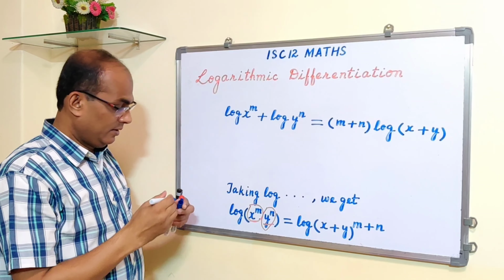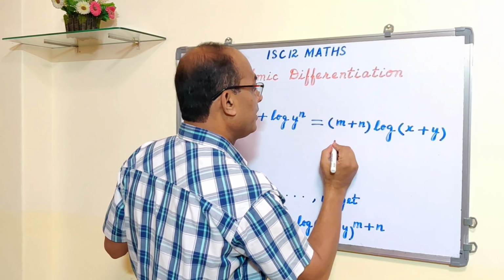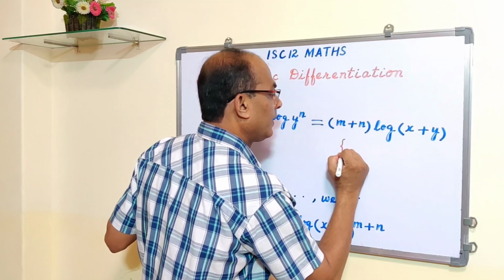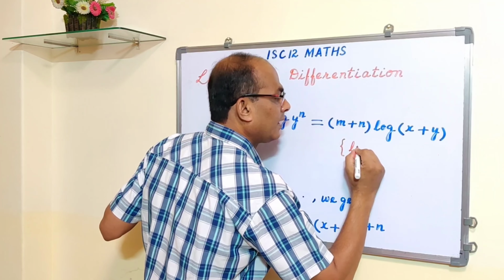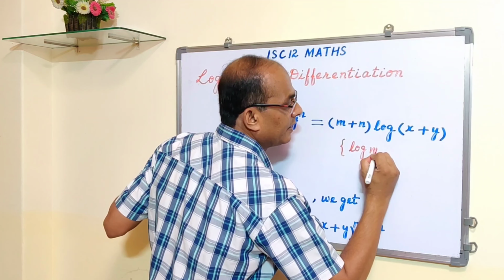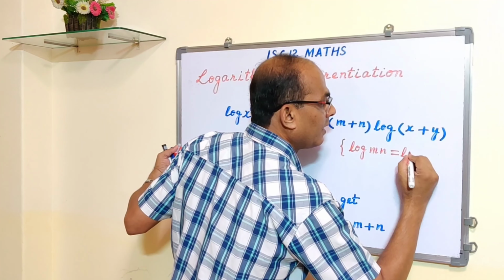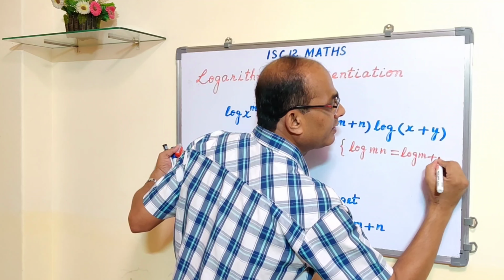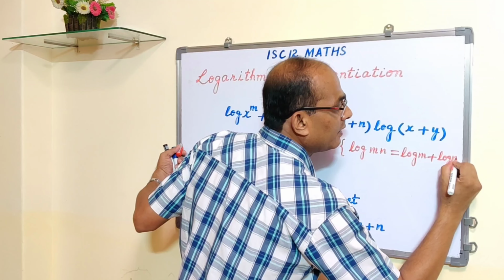Formulas you should write down here, the formulas that you used. The basic formula log mn is equal to log m plus log n.